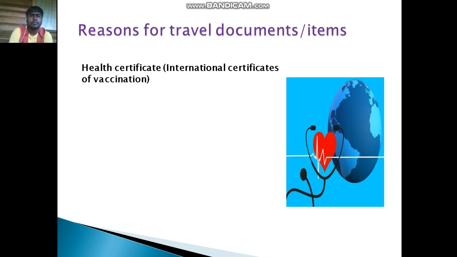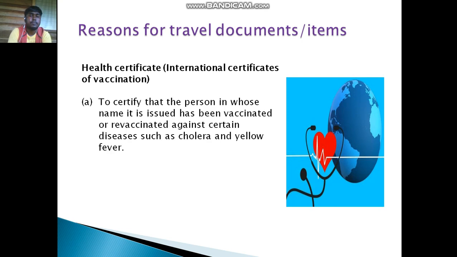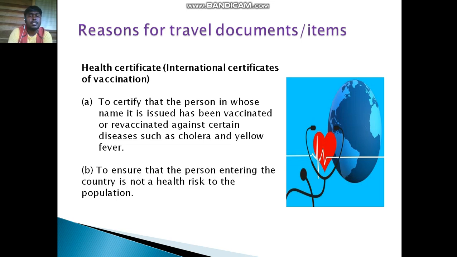Let's move on. Health certificate, international certificate of vaccination: to certify that the person in whose name it is issued has been vaccinated or revaccinated against certain diseases such as cholera and yellow fever, to ensure that the person entering the country is not a health risk to the population. So for the health certificate, the person will have to do certain tests before they can travel, to show that they don't have certain diseases which are easily spread or caught by other persons.